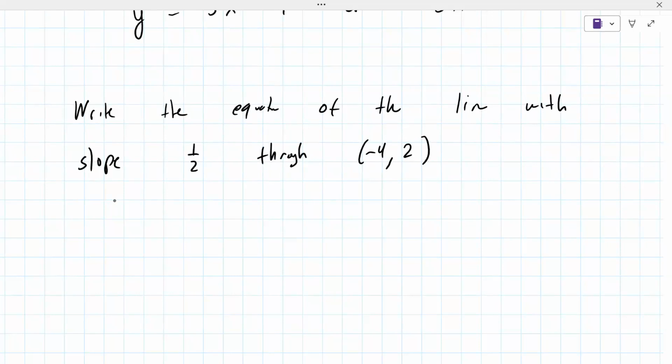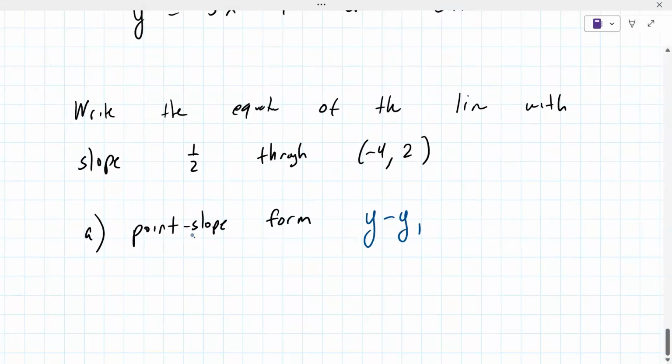And part A will be in point slope form. I'm going to help here because this is the first one, but this is kind of your quiz question. So they're expecting you to know that this is point slope form, like that.